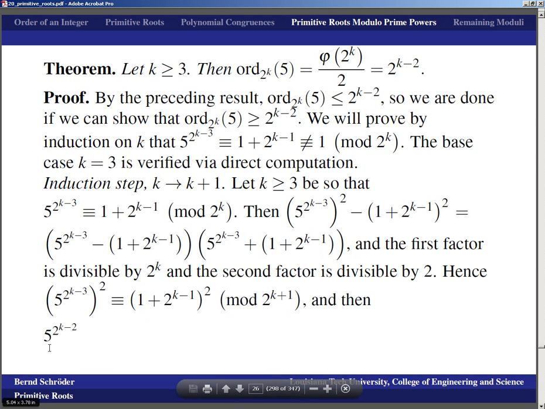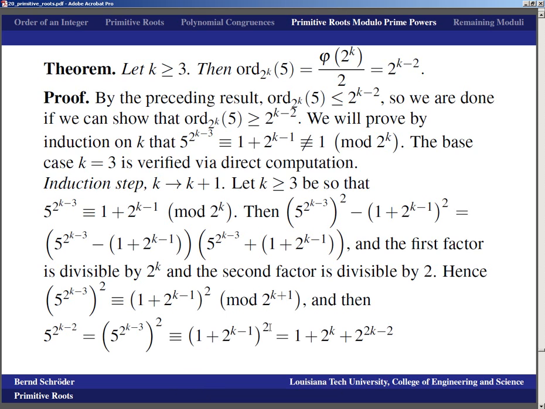And then 5^(2^(k-2)) is (5^(2^(k-3)))^2, which is (1 + 2^(k−1))^2 modulo 2^(k+1), which is 1 plus 2 times 1 times 2^(k−1) plus 2^(2k−2), and that's 1 plus 2^k, which is not equivalent to 1 modulo 2^(k+1) the whole way.